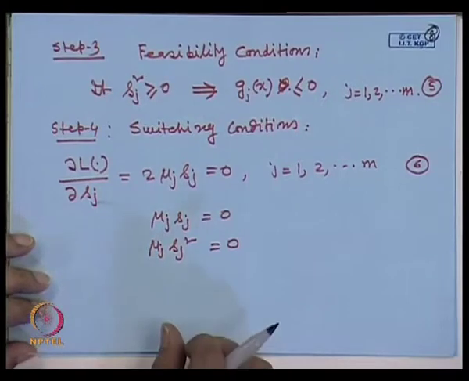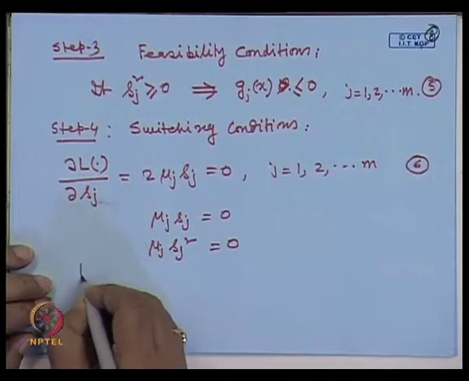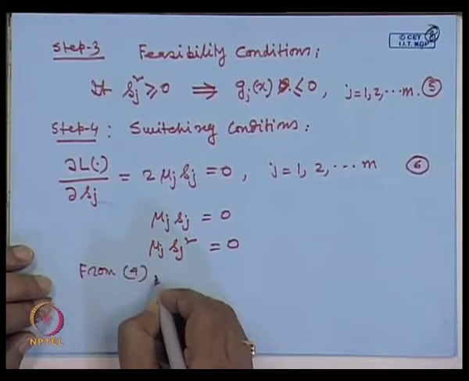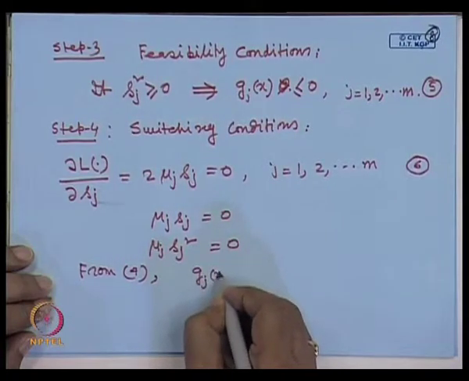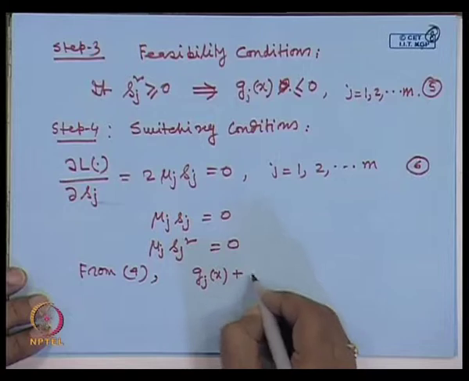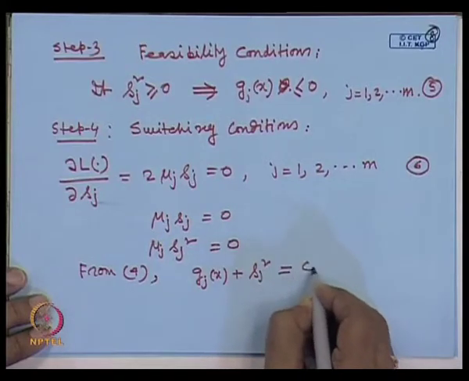Now, recall equation 4. From equation 4, if you do the partial differentiation of L with respect to mu, I am getting g j plus s j square is equal to 0.